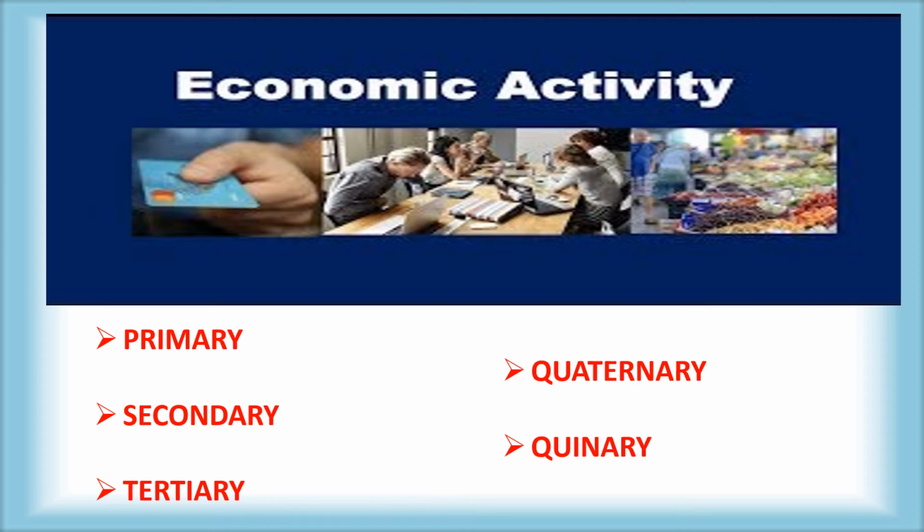The quinary activities focus on the creation, rearrangement, and interpretation of new and existing ideas. They include the highest level of decision making, for example, senior business executives, scientists, and policy makers in the government.